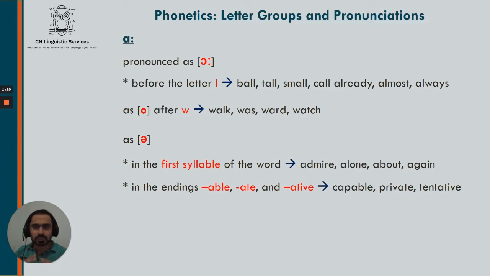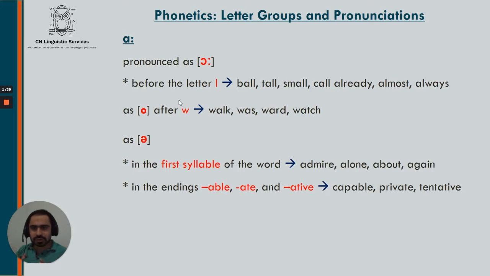First of all, the pronunciation as a sound long O, like O. Why do I say long? Because we have here a double dot, and a double dot means long pronunciation.